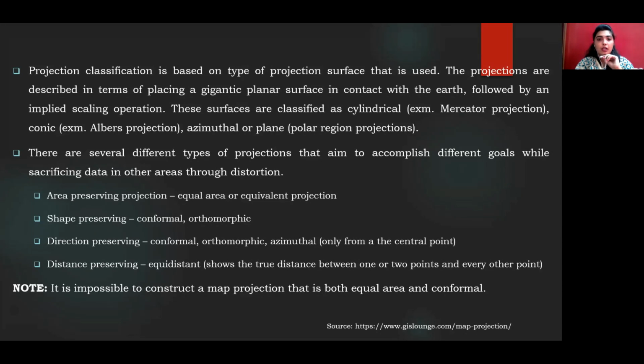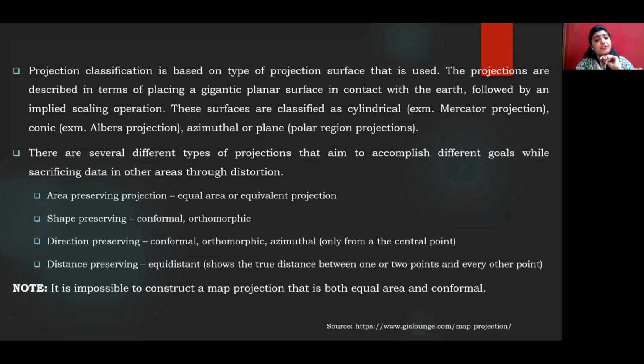One projection will sacrifice the area, but it will give me proper distance. Some will not be shape preserving, but will be distance preserving. That kind of distortion will be there with one and the other.